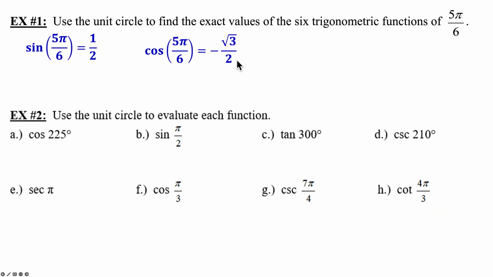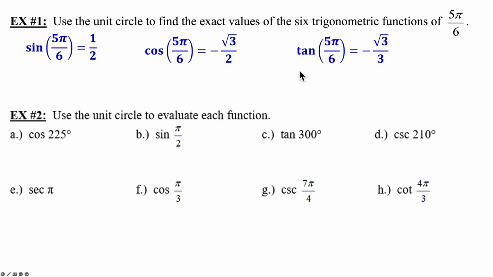There's those two answers. Now tangent is sine over cosine. Now remember, the denominators of 2 are the same, they cancel out. 1 over the negative square root of 3, rationalized by multiplying the square root of 3 top and bottom. Tangent is negative square root of 3 over 3.